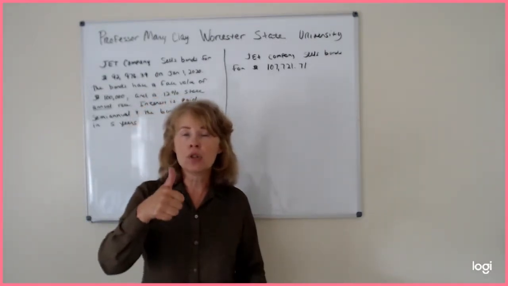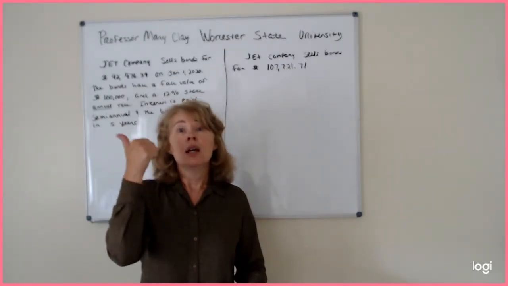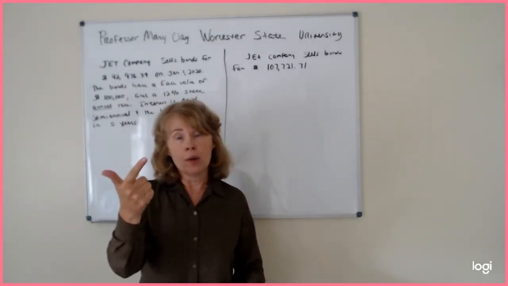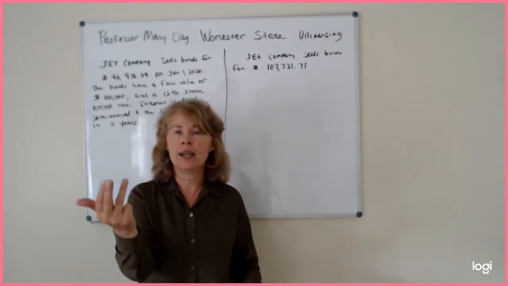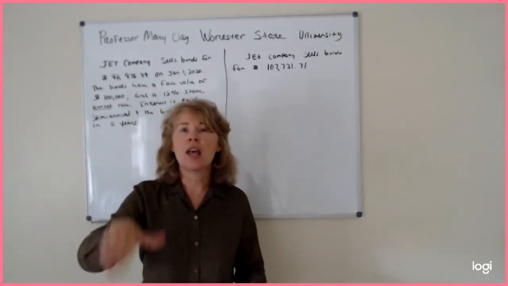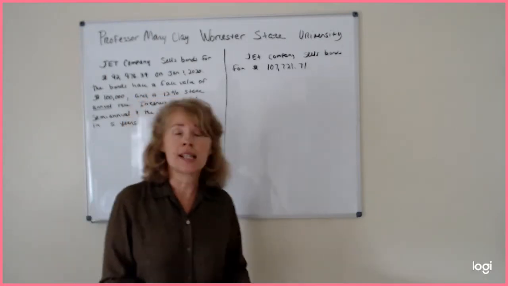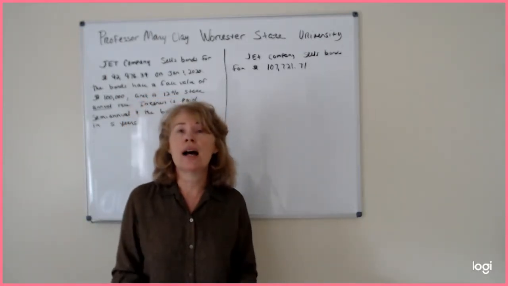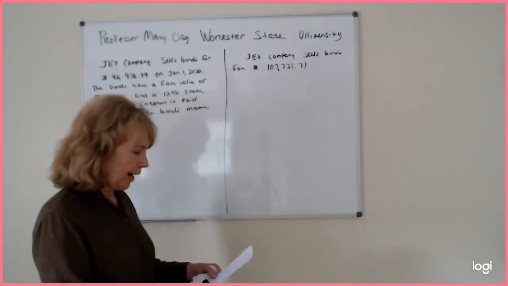So count January 1st, 2020, 2021, 2022, 2023, 2024. So in 5 years, that bond will mature on December 31st, 2024. Okay? All right, next question.